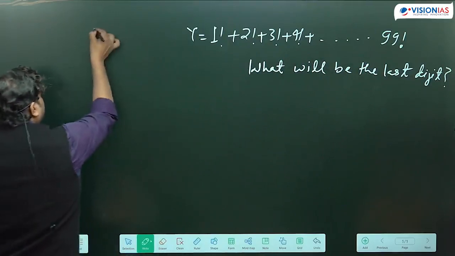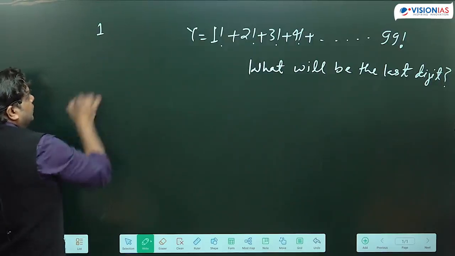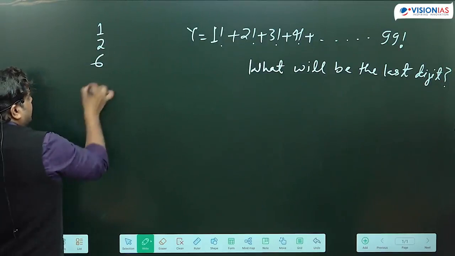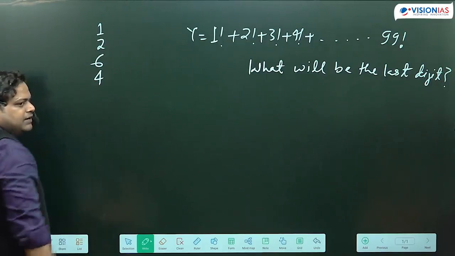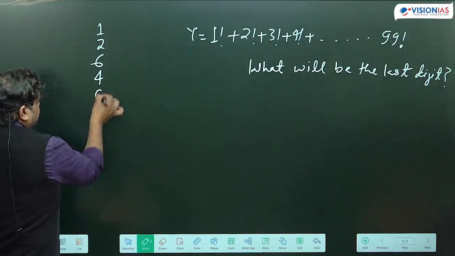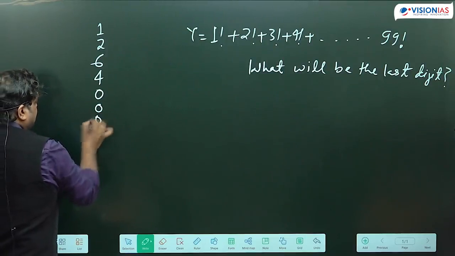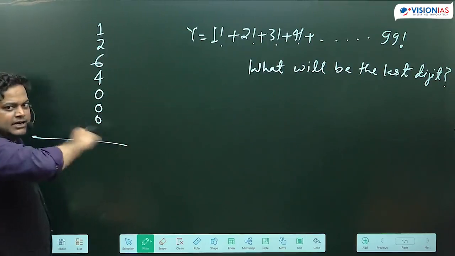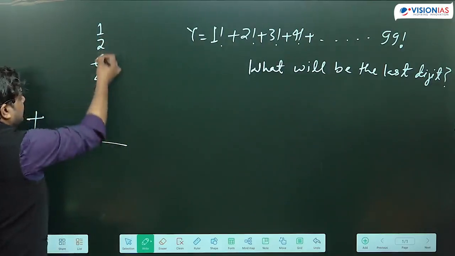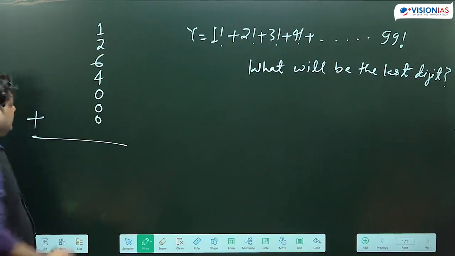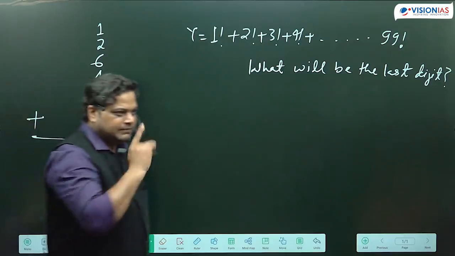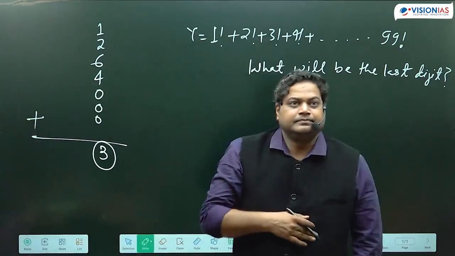But 1 factorial में 1, 2 factorial 2, 3 factorial 6, 4 factorial में 24 का 4, है ना? And 5 factorial में unit place पे 0, everywhere till 99, till 1 lakh will get 0. If we add the unit place पे क्या आएगा? 3. 3 will be our answer.